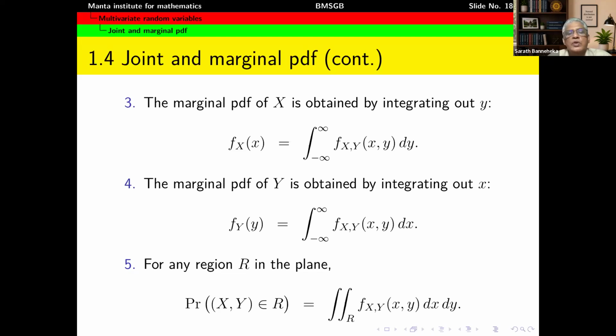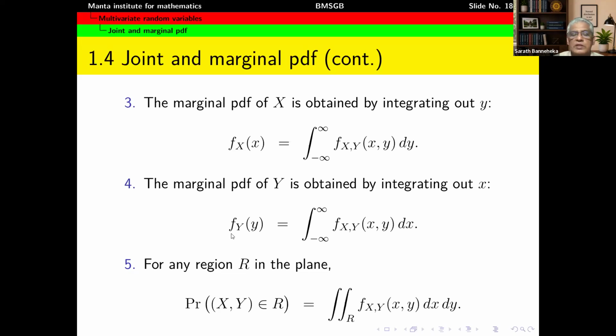Here, in order to get the marginal density function of x, we have to integrate the joint density function with respect to y. So it's like adding over y for all possible y values. That is integrating from minus infinity to plus infinity. So dy means it's like adding over y.